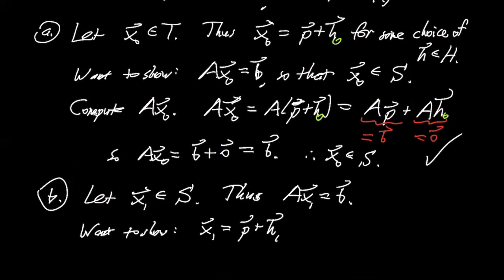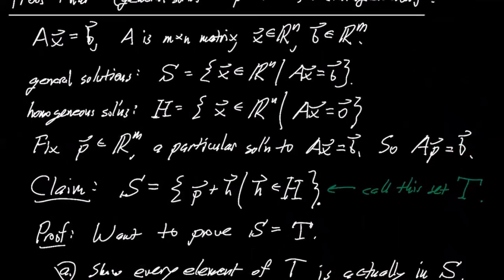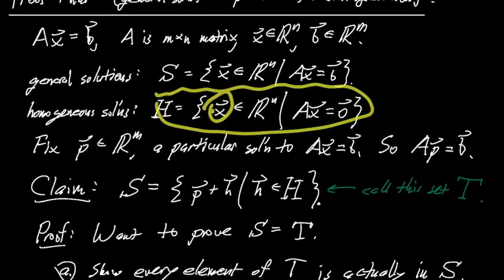It's not that important, but when you have a variable vector like x, it's nice to give it subscripts, and an h is sort of like a variable vector too, because in the definition of h up here, I'm using little h basically in place.